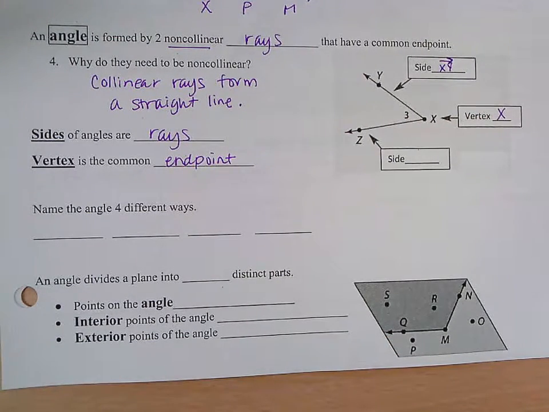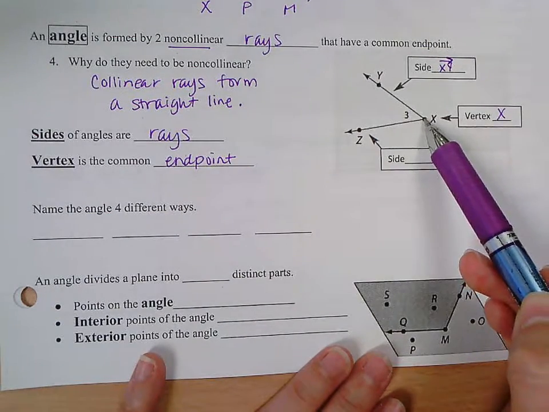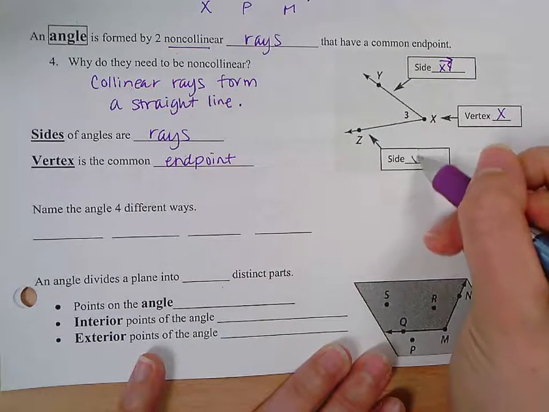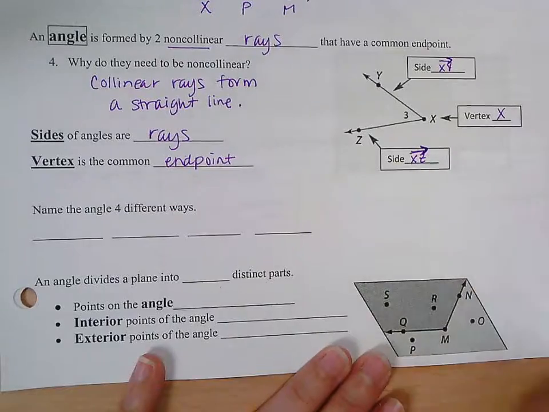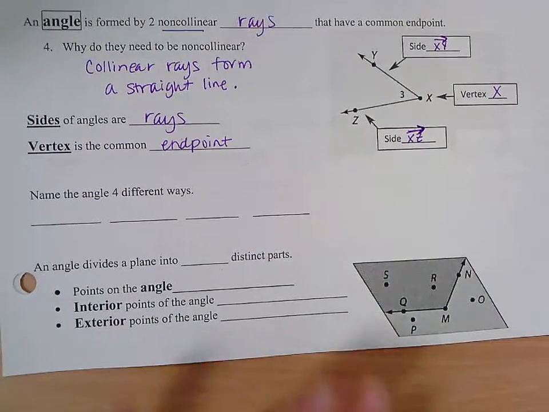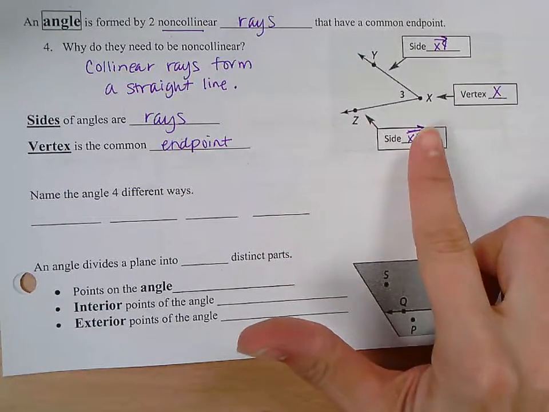And it does have to be XY, not YX, since X is the endpoint. The other side of the angle is the ray XZ, so XZ with the ray symbol above it. And now we're going to look at 4 different ways we could name that one angle. So this one angle has 4 different names.